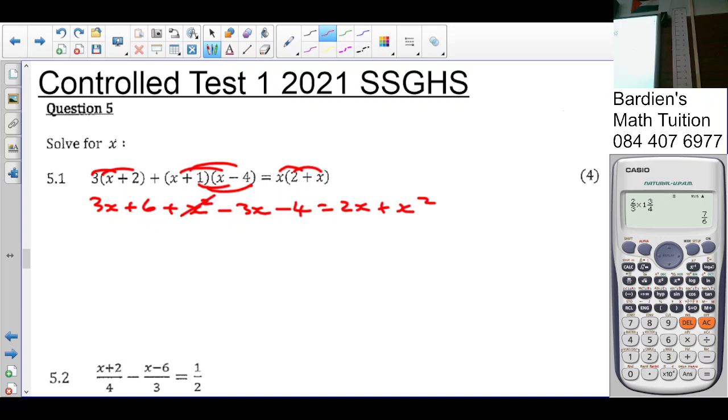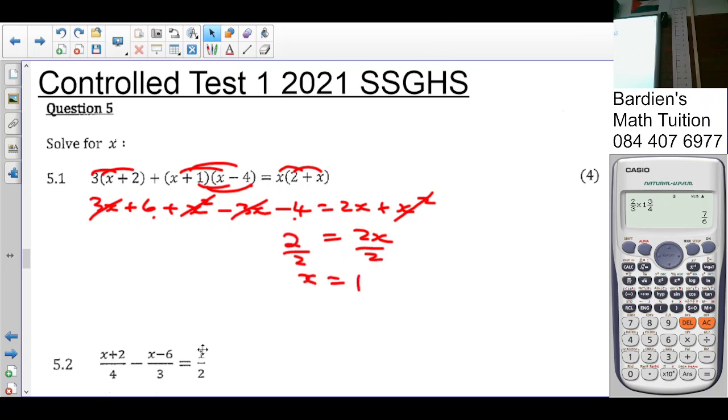People, that will cancel. Not so? But bring x squared minus x squared. Cancel. Okay? So this now becomes a linear equation that also cancels. So in other words, 2x is equal to 6 minus 4, which is 2. Divide by 2 both sides. Therefore x equal to 1.